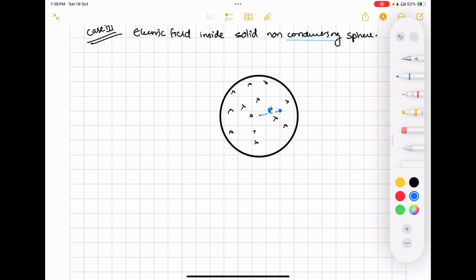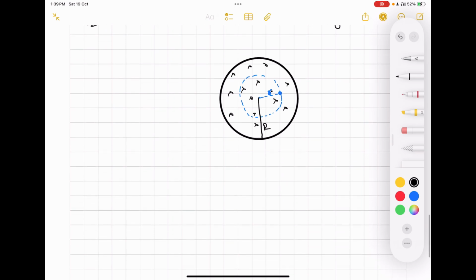So we will assume a Gaussian sphere in such a way that the point at which we need to find electric field lies on the surface of the sphere. We will draw this Gaussian surface like this, and we have the radius of the non-conducting sphere capital R.